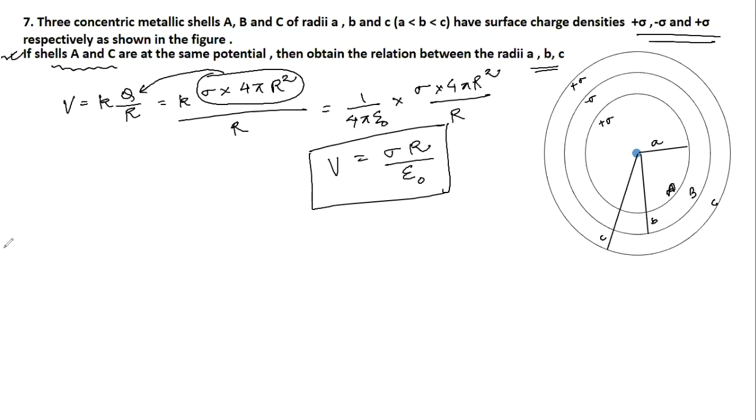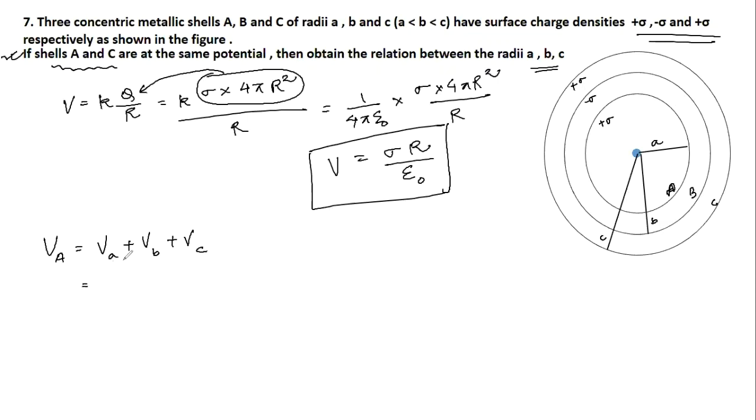When we find the potential at the surface of metallic shell A, that potential will be the addition of the potentials due to all three charge densities, plus sigma, minus sigma, plus sigma. That means we will have potential due to radius a, potential due to radius b, and potential due to radius c, with charge densities plus sigma, minus sigma, and plus sigma.